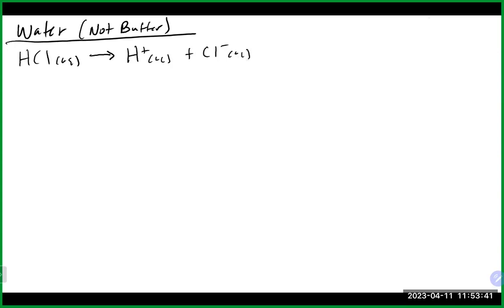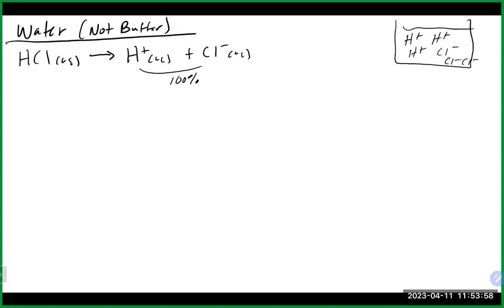So once again, in that beaker, you basically just have a bunch of H pluses and Cl minuses floating around. 100% of what you've got going on is those ions.